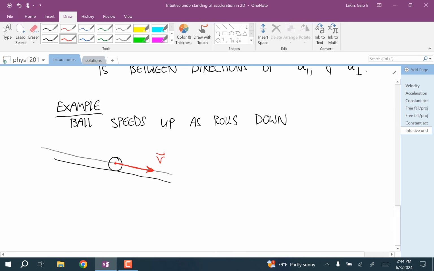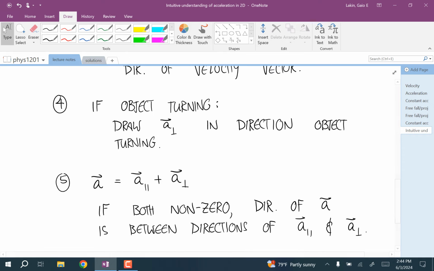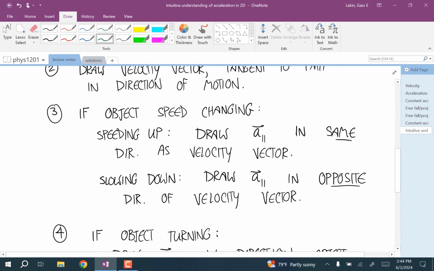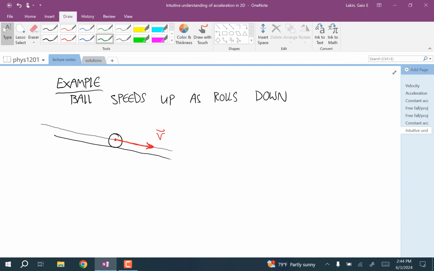Okay. And now it says that it's speeding up as it goes down the ramp. Speeding up, if you look at number 3 here, says that A parallel is in the same direction as the velocity vector. So this green is my A parallel, in the same direction as V. And now we have to think about whether it's turning.